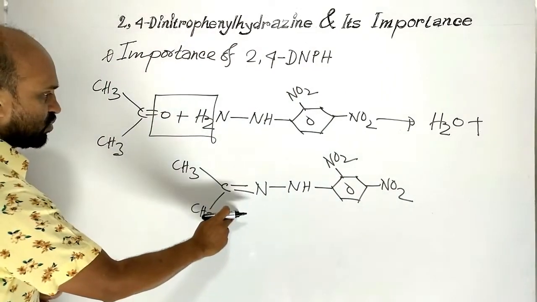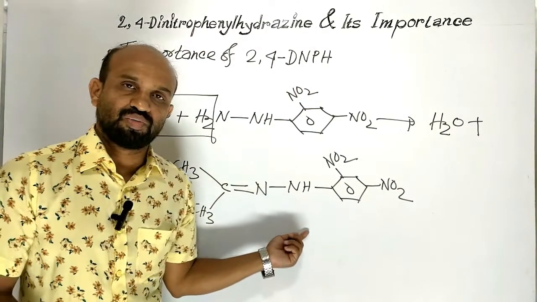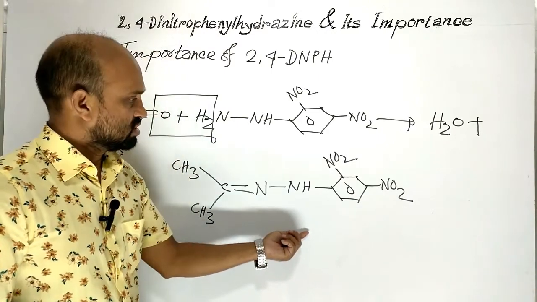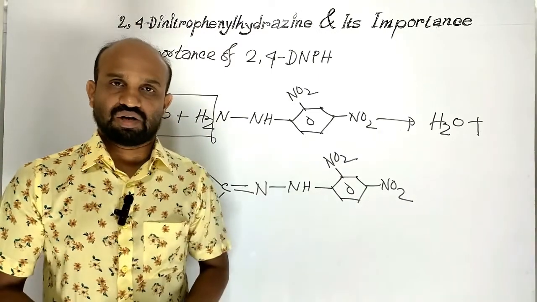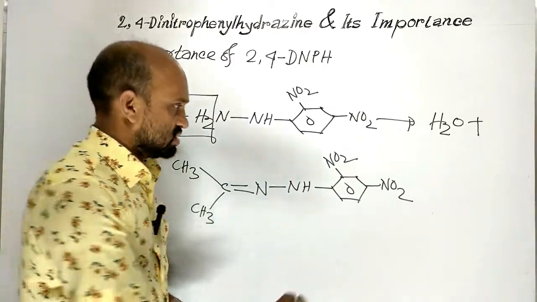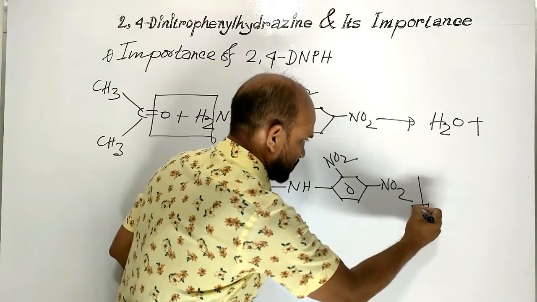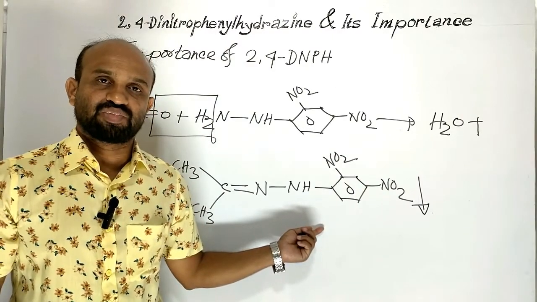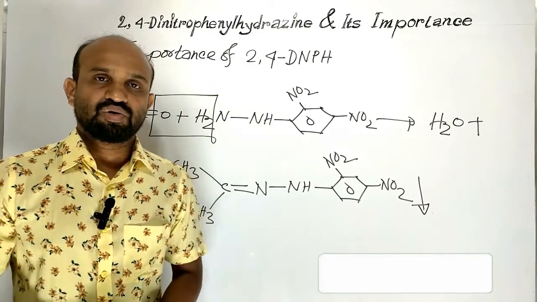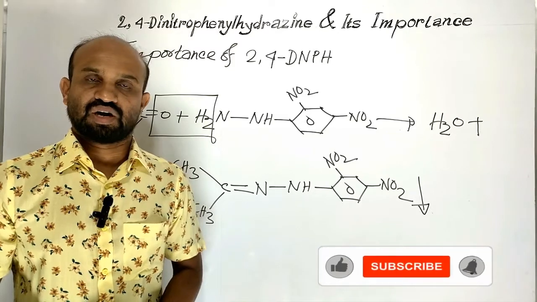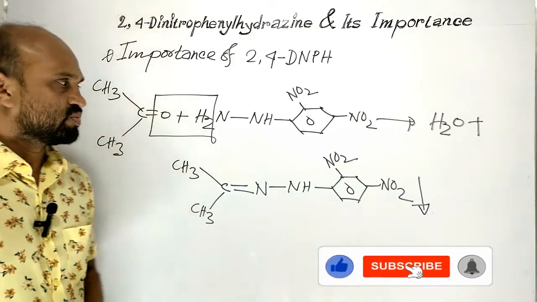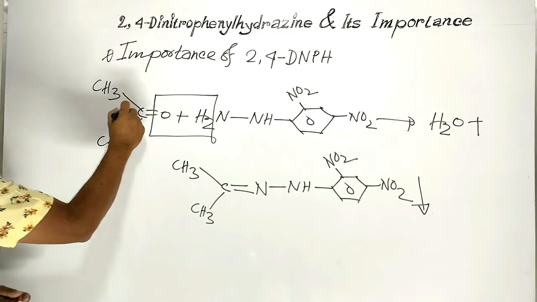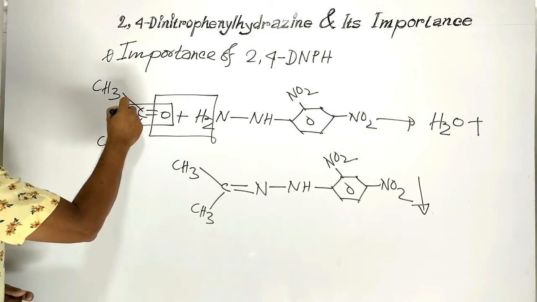This is propanone 2,4-dinitrophenylhydrazone, which is yellowish orange color, and it deposits as precipitate. So this yellowish orange color precipitate of propanone 2,4-dinitrophenylhydrazone confirms the presence of carbonyl compound, that is compound containing carbonyl group.